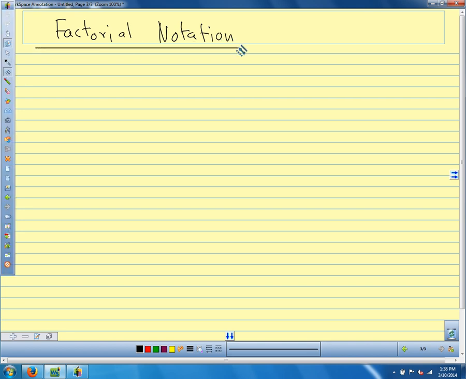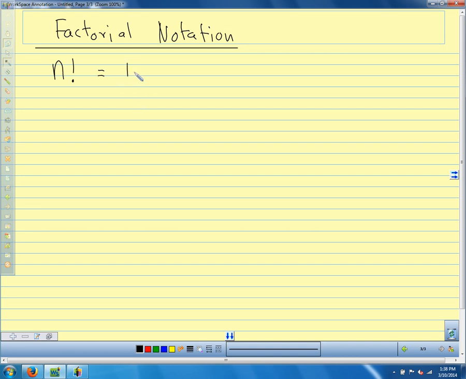So who can tell me what is our symbol for factorial? Exclamation point. It's a nice symbol. N factorial. And do we remember how we calculate factorials? Every number from 1 to n multiplied together.